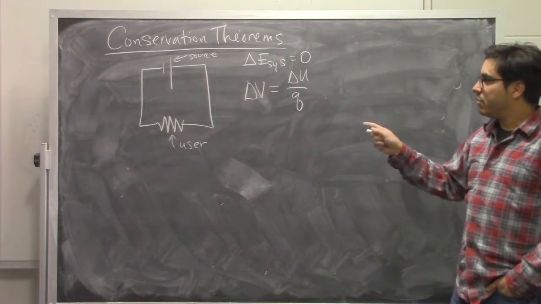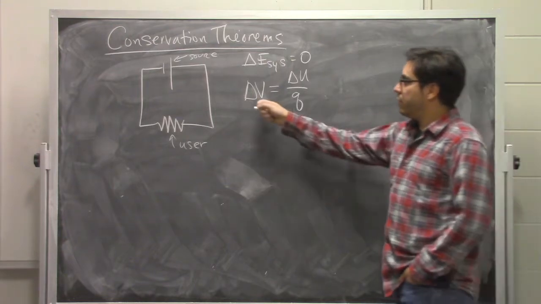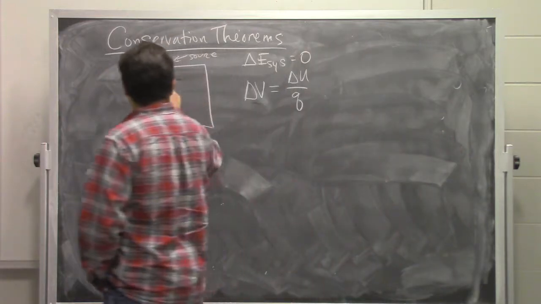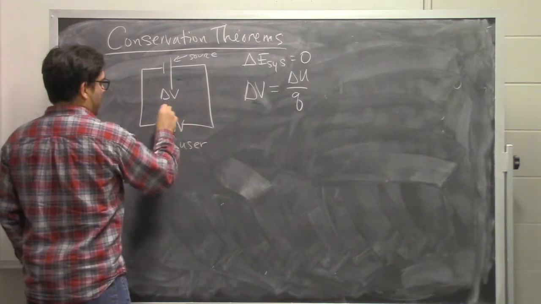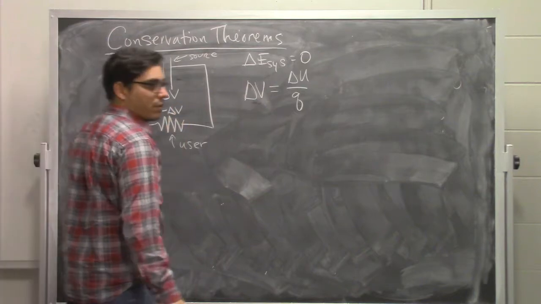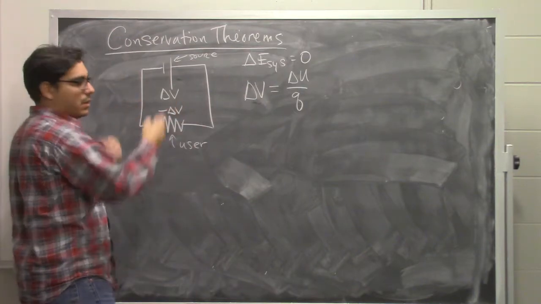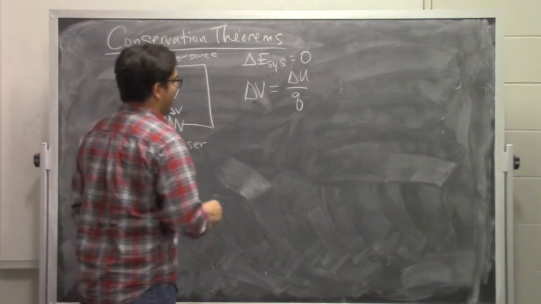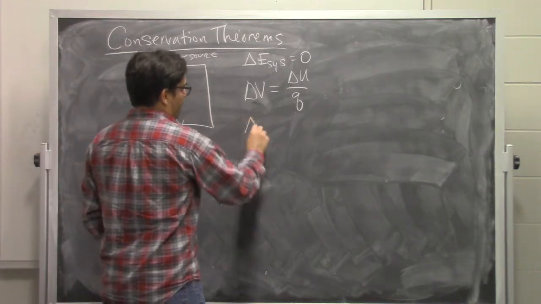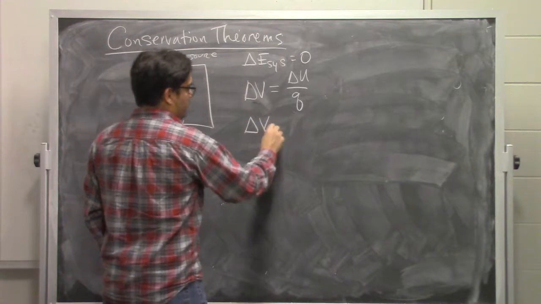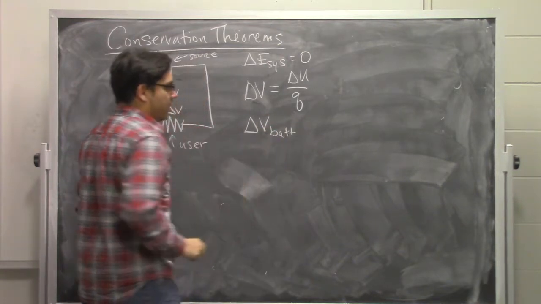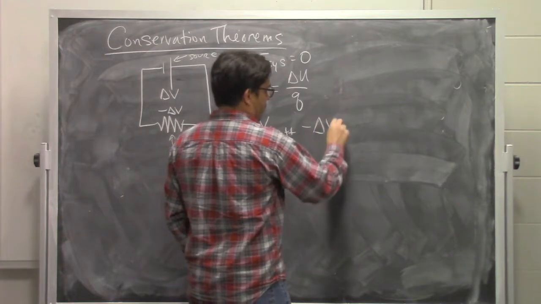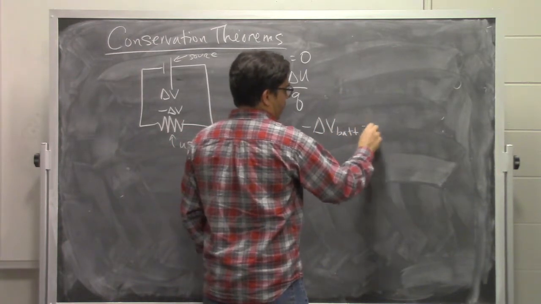And what we found was that the amount of electric potential energy per unit charge provided by the battery was exactly the amount that was used in a resistor, barring the wires having some resistance, right? And so the idea there is that if we look at the amount of energy provided per unit charge by the battery, exactly that amount is being used by the resistor.